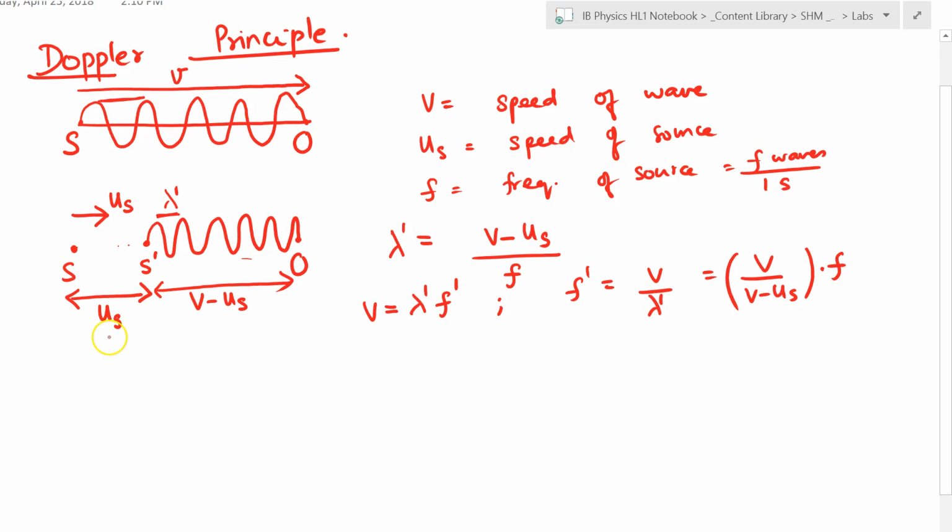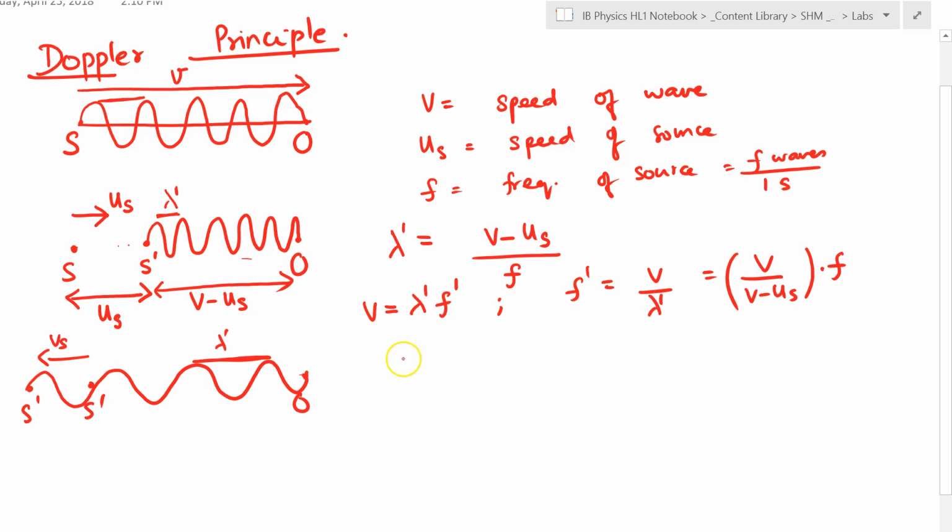What will happen if the source, instead of moving towards the observer, moved away from the observer? In which case, you will have the waves stretched over this distance, which means the wavelength is going to increase.